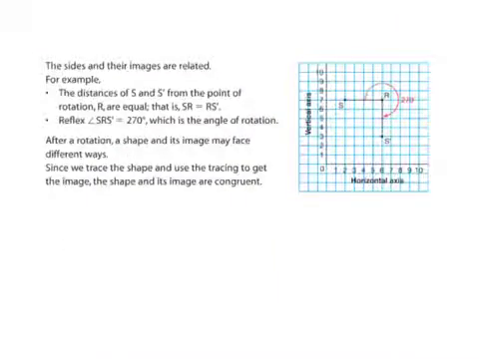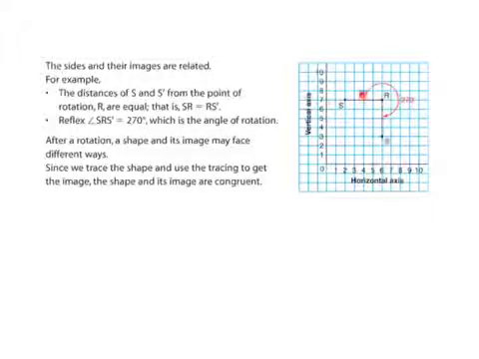All right, so the sides of their images are always related, and when we're looking at rotations, it's good to pick one side to focus on. For example, here we have side S, and then this is our rotated side S. R here is our rotation point. That's where we rotate from.